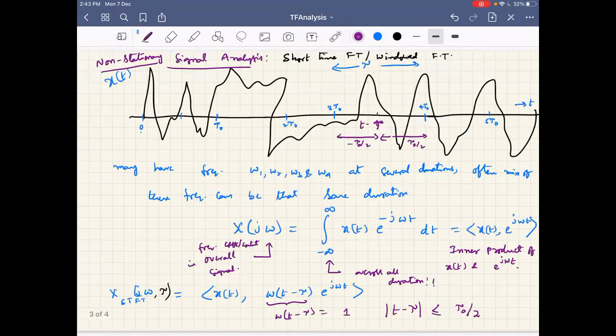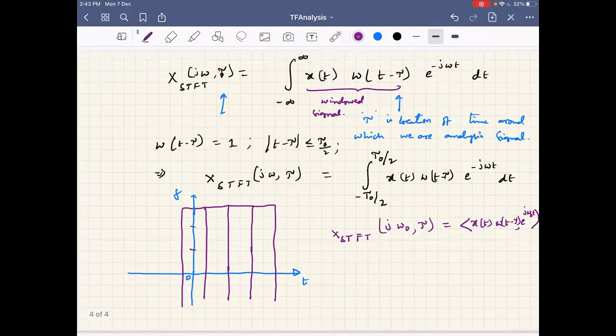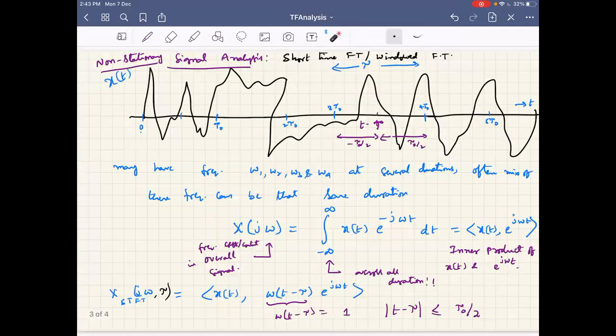Please note the inner product can be considered as x of t with w of t minus tau into e power j omega naught t, or x of t into w of t minus tau, comma, e power j omega naught t. Both are the same.